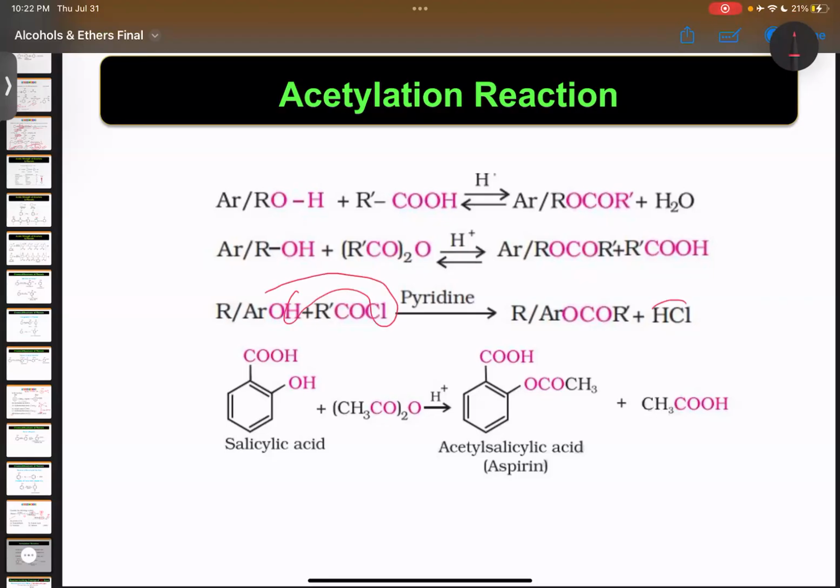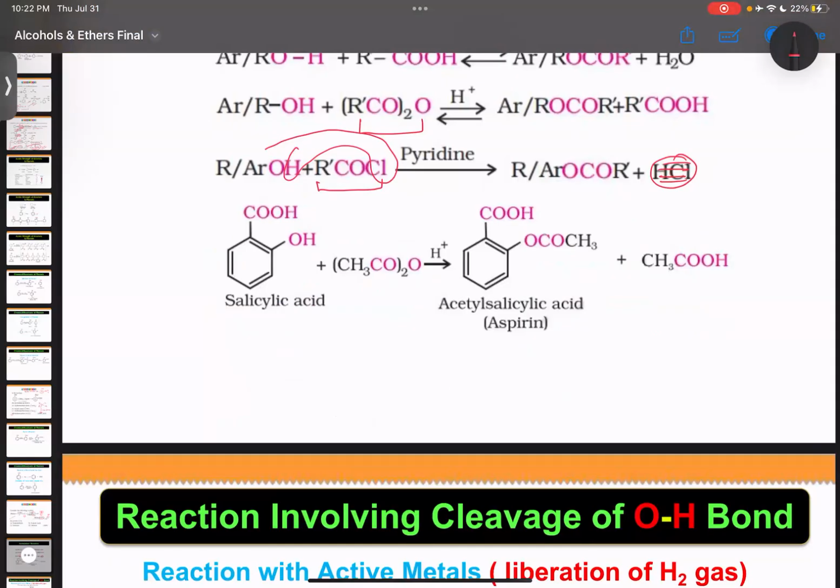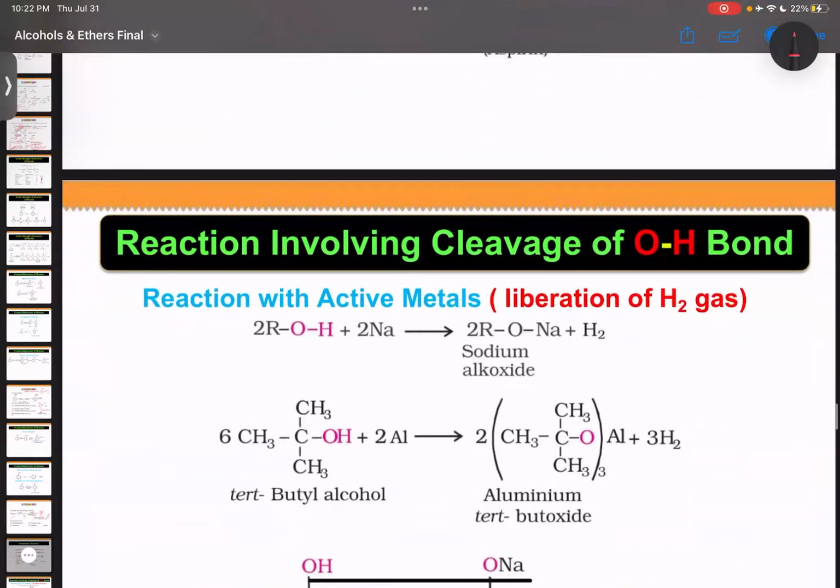So this HCl will be removed by the pyridine. Clear? The main reagent which gets connected to OH is acid chloride or acetic anhydride. I hope this is clear to you. Acid chloride or acetic anhydride, right? Aspirin, acetylation, acetylating agents.